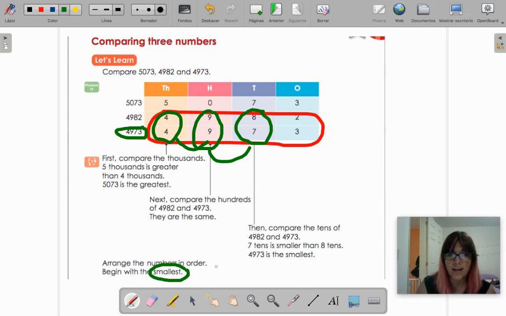So let's write it here. 4,973. And I put a little comma to separate. Boys, here be super careful. Some boys do a comma like this, and that looks like a 1, right?